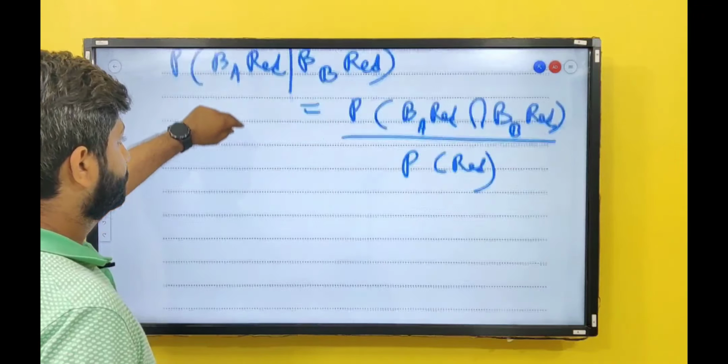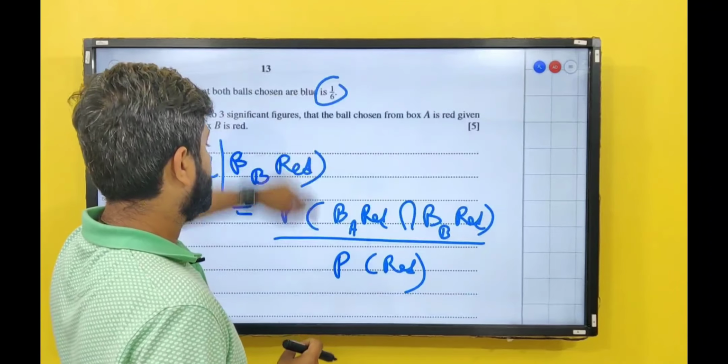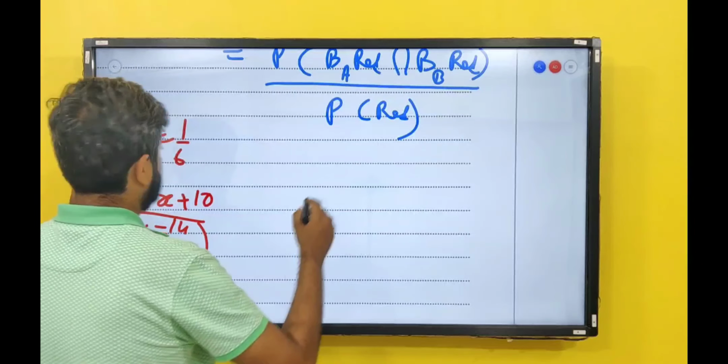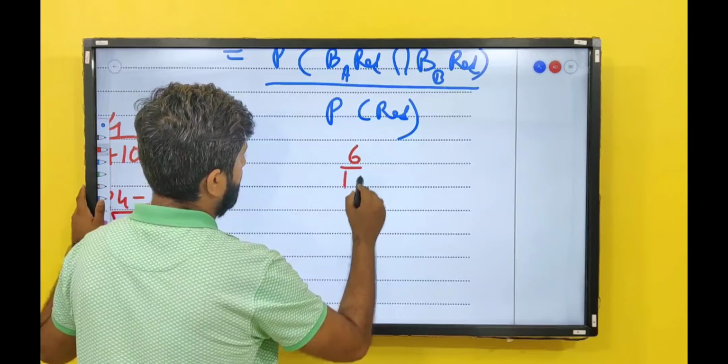Now let us use this. Box A red and box B red. So the probability of box A red and B also red: box A red is 6 by 10 and box B is X plus 1 upon X plus 10, and we know X is 14. So 14 plus 1, 15 upon 24. So 6 by 10 into 15 upon 24, upon the probability of red. So red could be: first box is red, second is red; first box is blue, second is red.